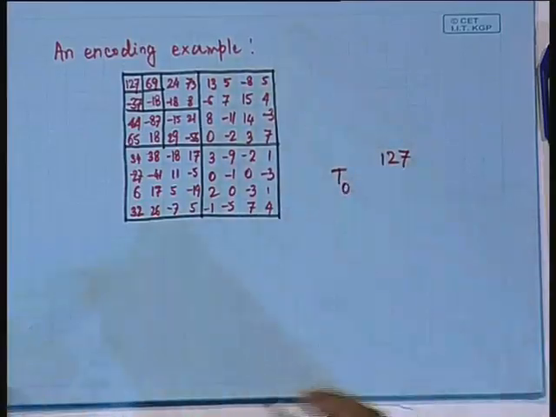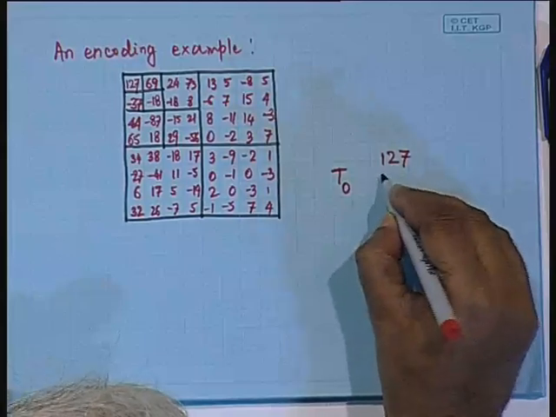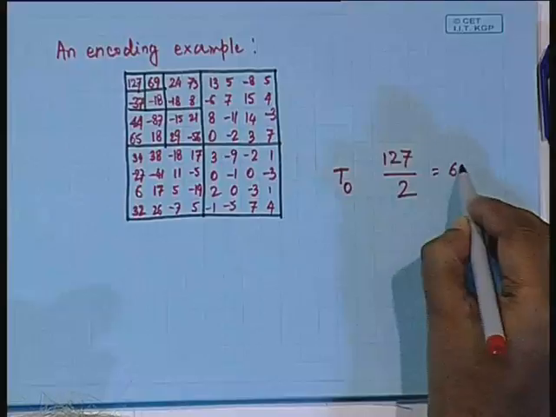So, if the maximum value in this case is 127, the initial threshold, let us say T 0, should be 127 by 2, which is 63.5.